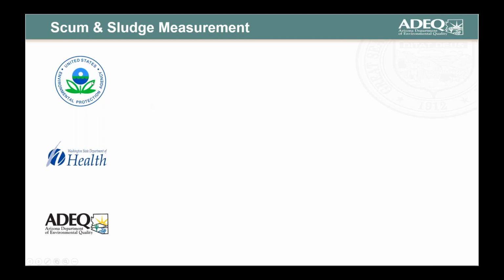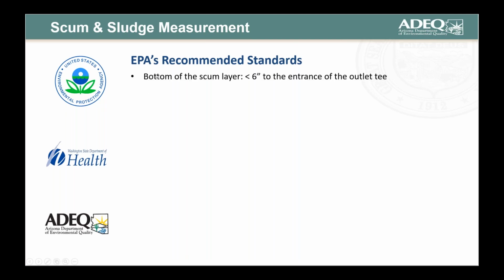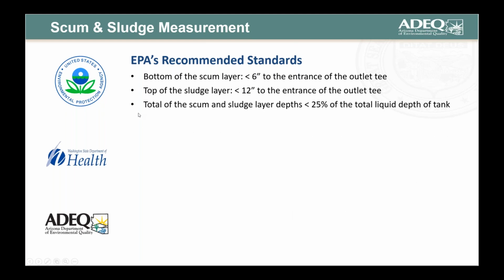I have three different options here: EPA, Washington State Department of Health, and ADEQ. EPA recommends this. The bottom of the scum layer should be no closer than 6 inches to that outlet T, sanitary T. The top of the sludge layer should be no closer than 12 inches to the entrance of the outlet T. The total of the scum and sludge layers should be no more than 25% of the total liquid depth.